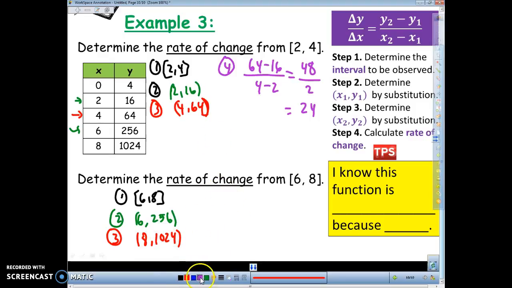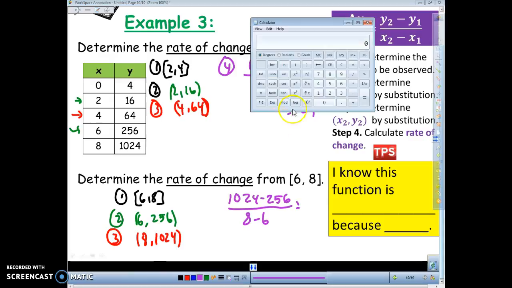Okay, so I'm going to plug this into my calculator. 1024 minus 256, over 8 minus 6. So 1024 minus 256 is 768.